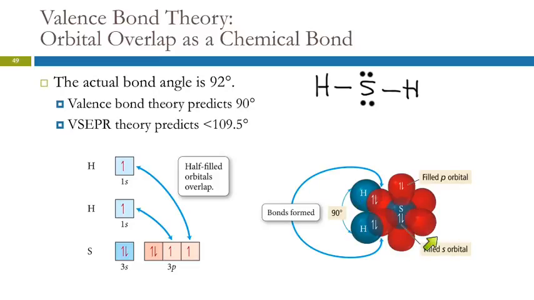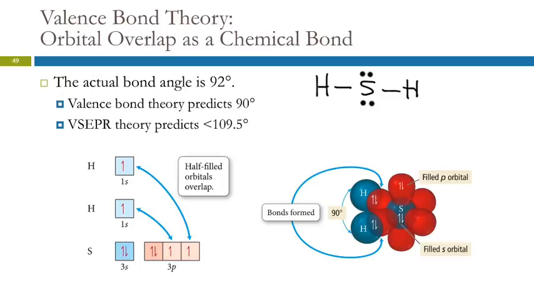This one originally had one electron, this had one electron, and the one that was vertical had the pair. So we've got the pair, and then we've got two that are half-filled. These two half-filled orbitals are overlapping with the half-filled s orbital from the hydrogen. So this one's overlapping, and this one's overlapping. You see what the picture's trying to show us?